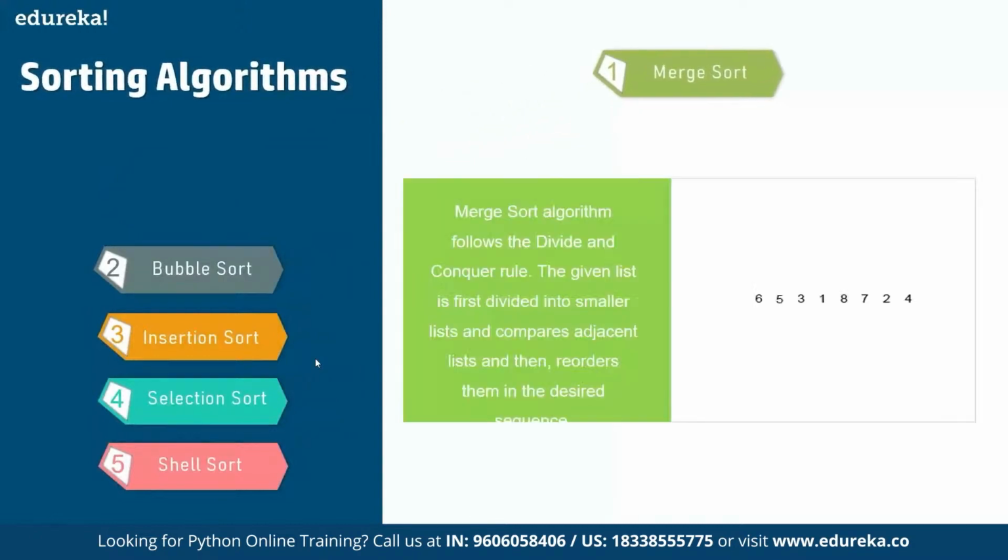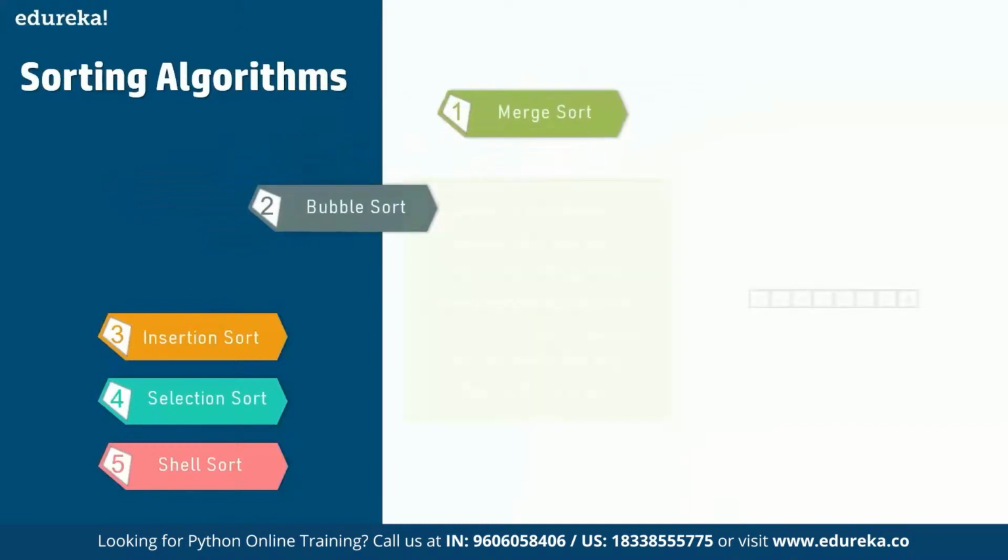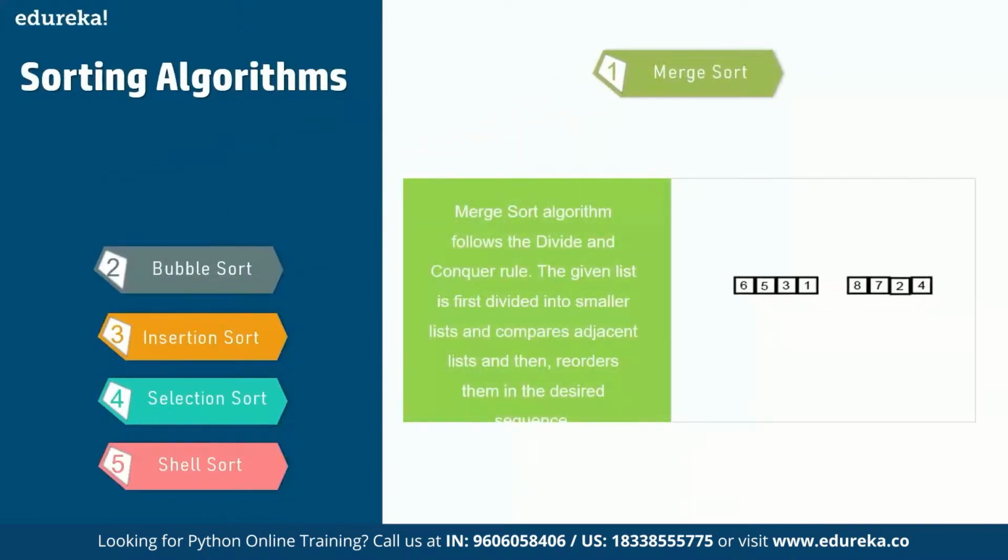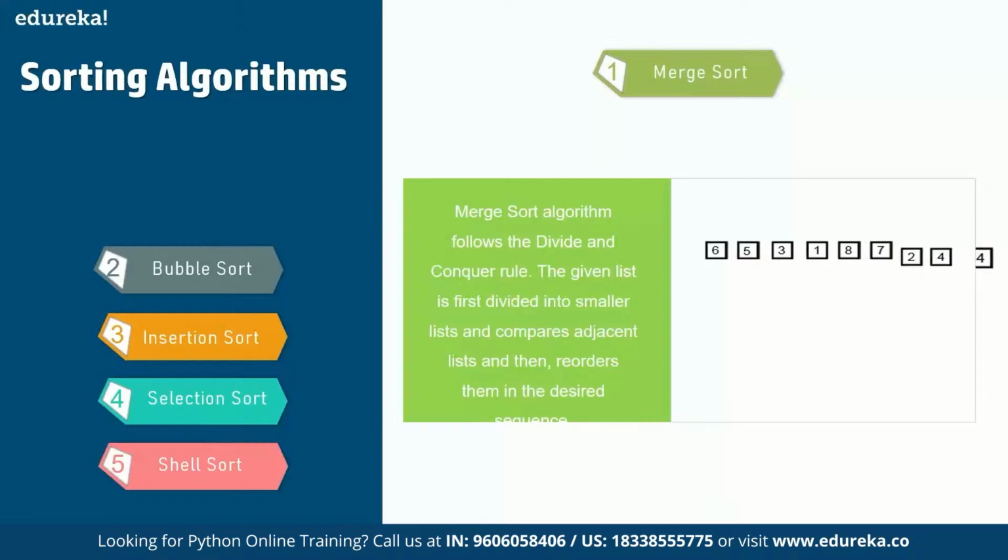If we talk about merge sort, the merge sort algorithm follows the divide and conquer rule. The given list of items is first divided into smaller units, until it reaches a point where each list consists of exactly one item.